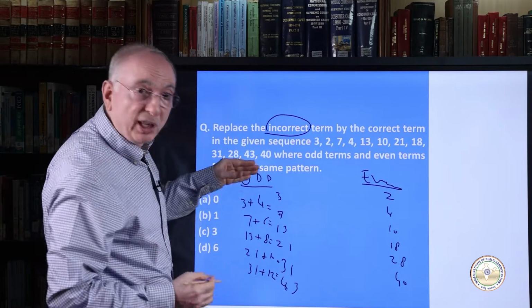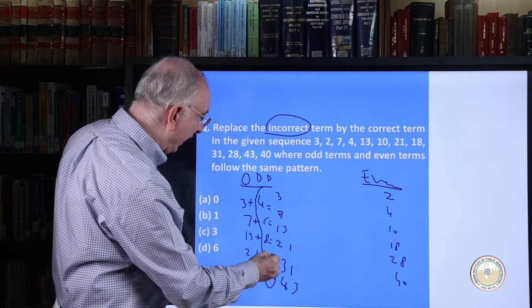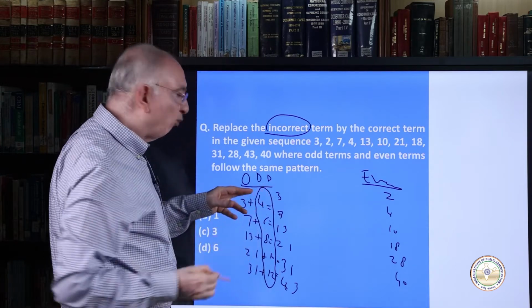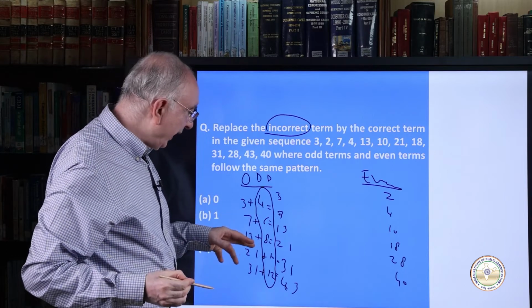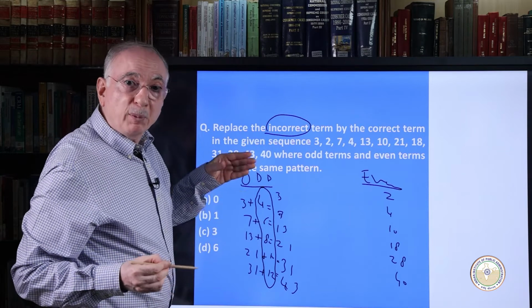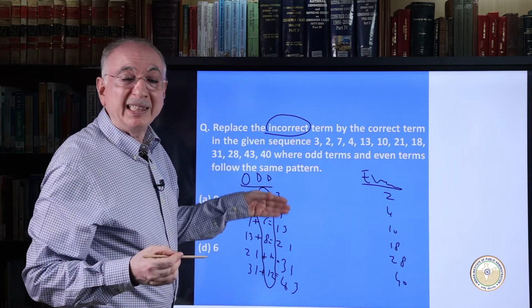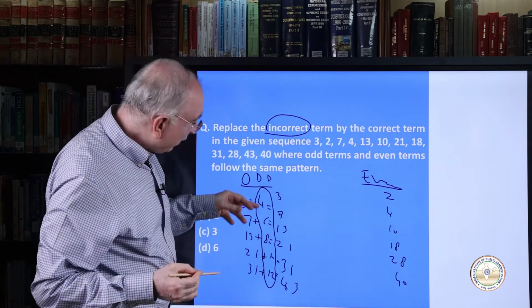The pattern emerging is, mark these numbers. What are we adding to the previous number? We are adding 4, 6, 8, 10 and 12. That means we are adding numbers in arithmetic progression to the previous or predecessor number. Therefore this pattern is there.